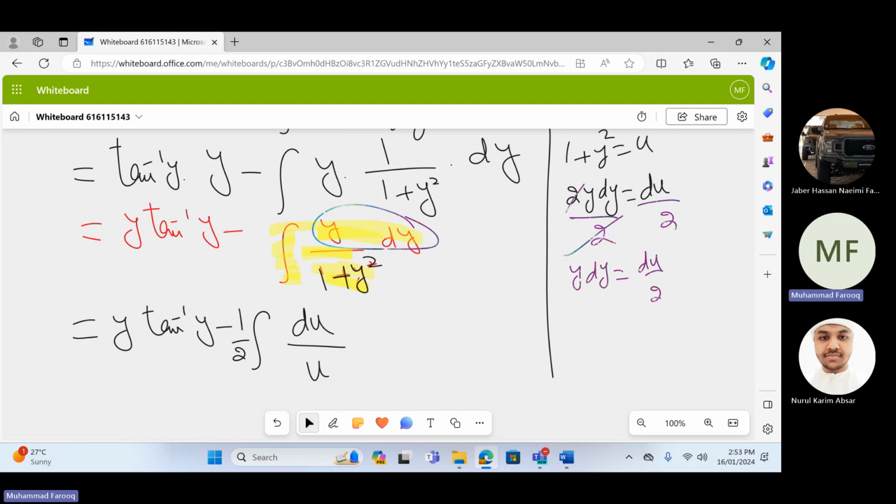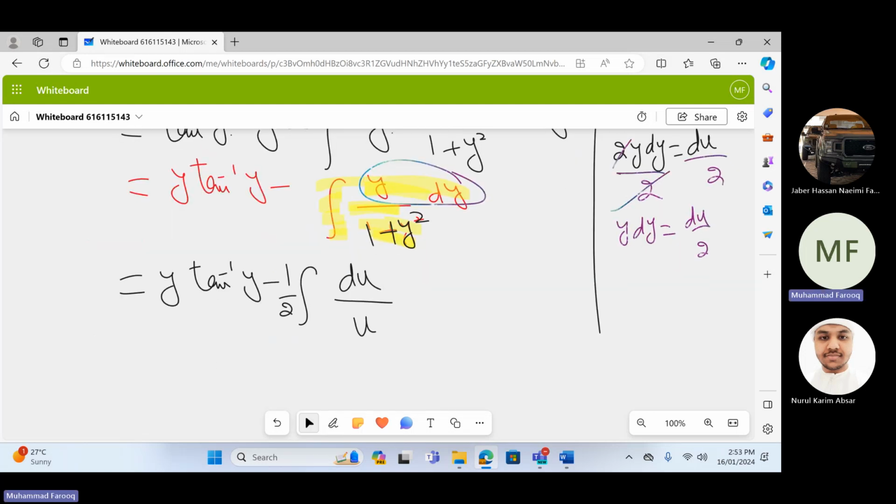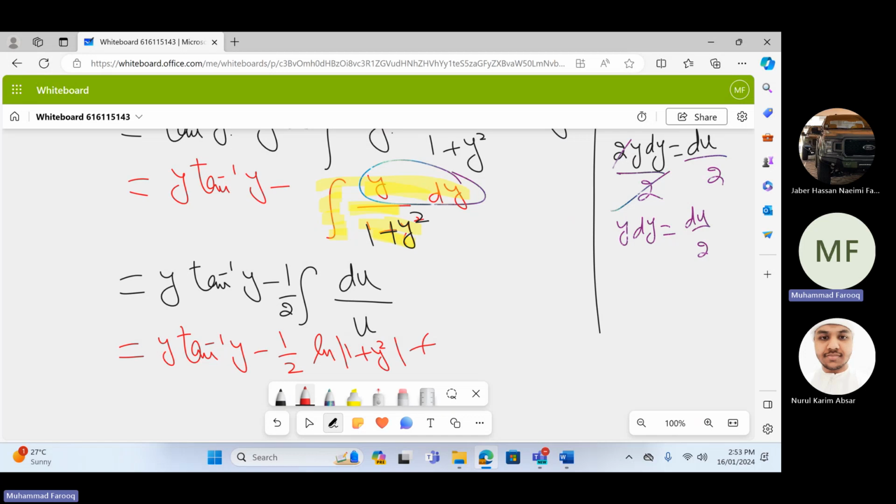The 1 over 2 is constant, so take it outside. Now y tan inverse y minus 1 by 2 ln of the absolute value of u, which is 1 plus y squared, plus c. This is my integration by parts answer.